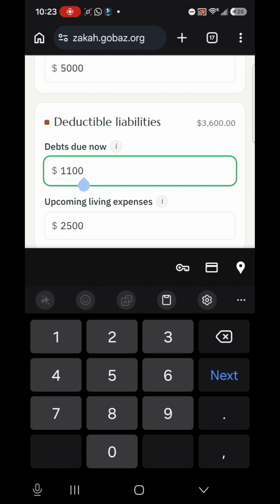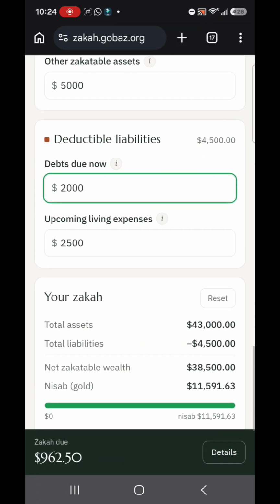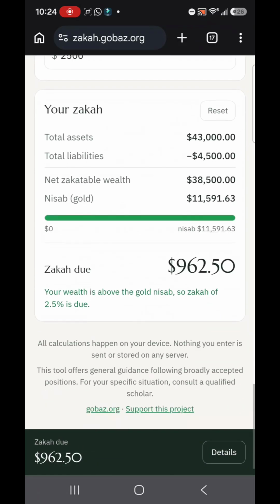You have your phone bill, let's say $100, and some other bill that you need to pay. So you can add them all up. Let's say your bills for the month, your gas bill, your electrical bill, and everything else became $2,000, and then another $2,500 for your rent. And now that is how much zakah is due on you.